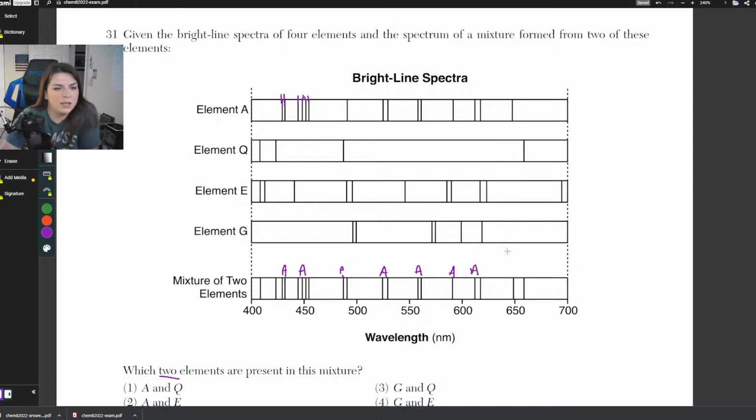This is A, and then this is A, right? And then Q would match this line here, right? E doesn't have a line there, and G doesn't have a line there, and neither does A. So this one kind of has to line up with Q. Let's look at the rest. These 2 belonged to A.